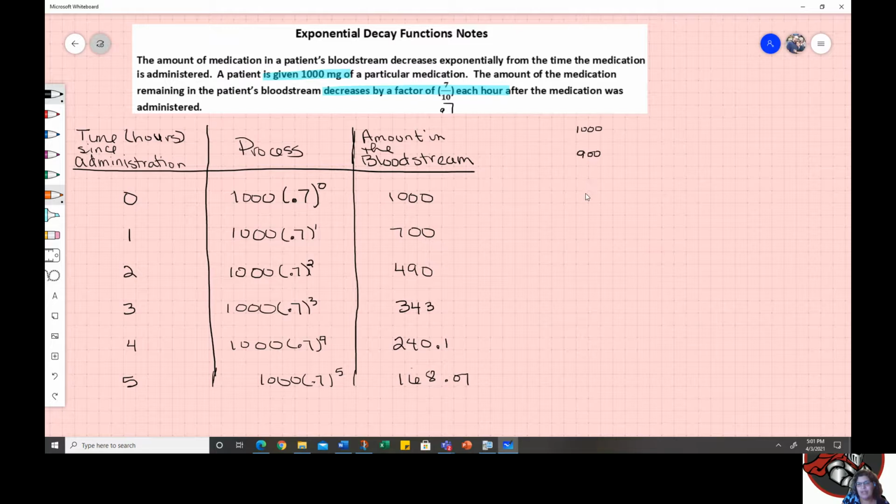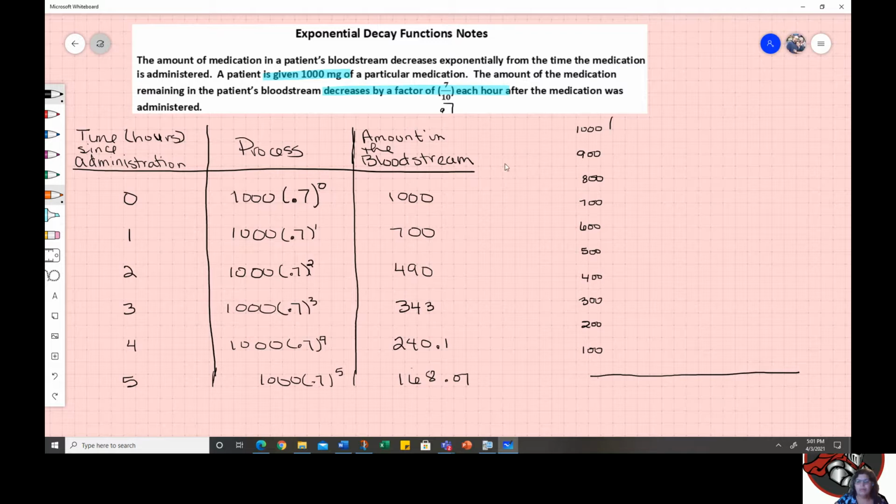So there's 900 and 800, 700, 600, 500, 400, 300, 200, and 100. And then here is our x-axis.